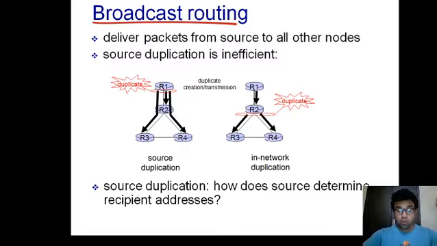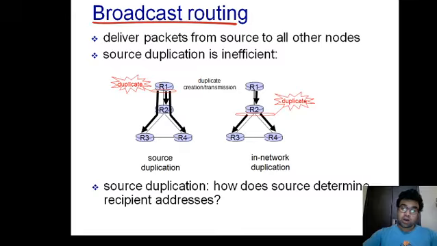So I hope we are clear with these three terms. Again, briefly: unicasting means one to one, broadcasting means one to all, and multicasting means one to many but not all.